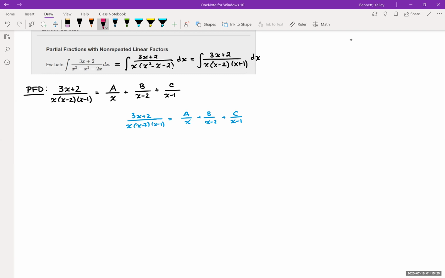The idea is that you clear out the denominator on both sides by multiplying.